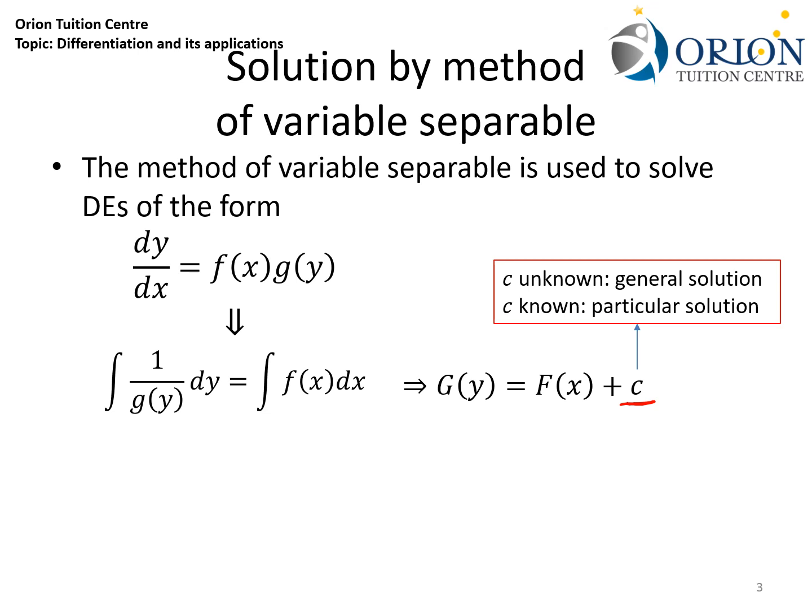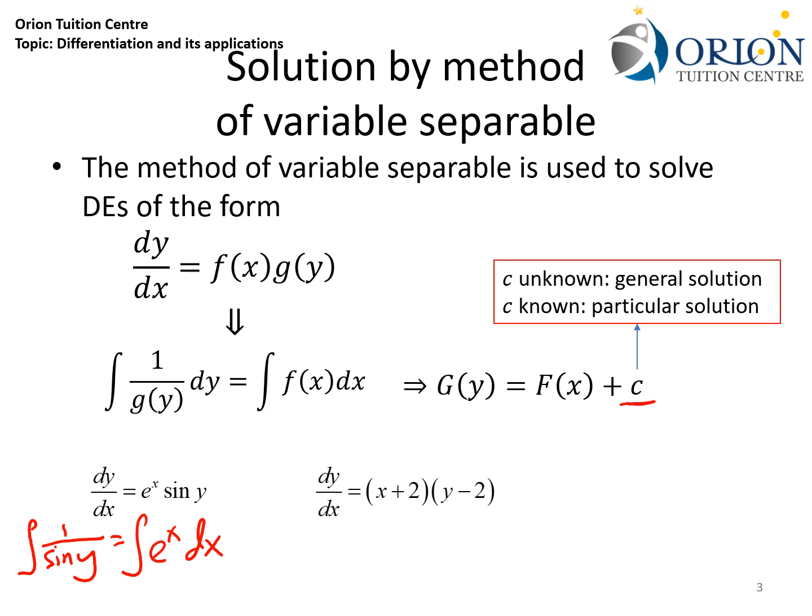As an illustration of this solution method, for this DE, we can separate it into integrating 1 over sin y equals to integrate e^x dx. This second DE can be separated into integration of 1 over (y − 2) dy equals to integration of (x + 2) dx.